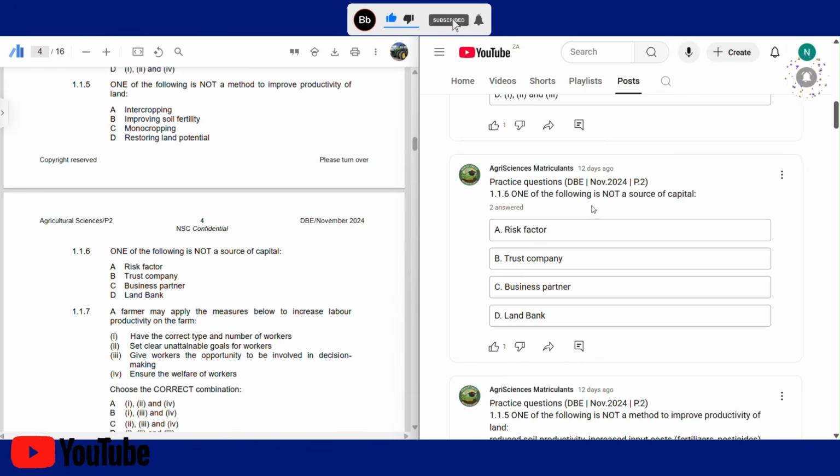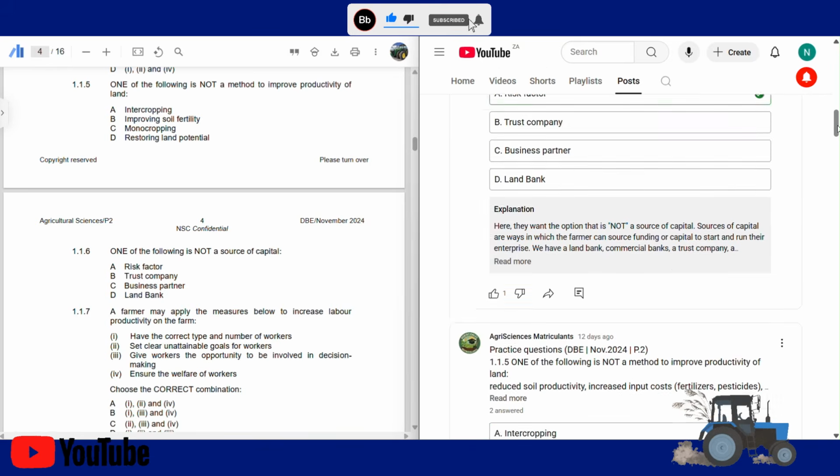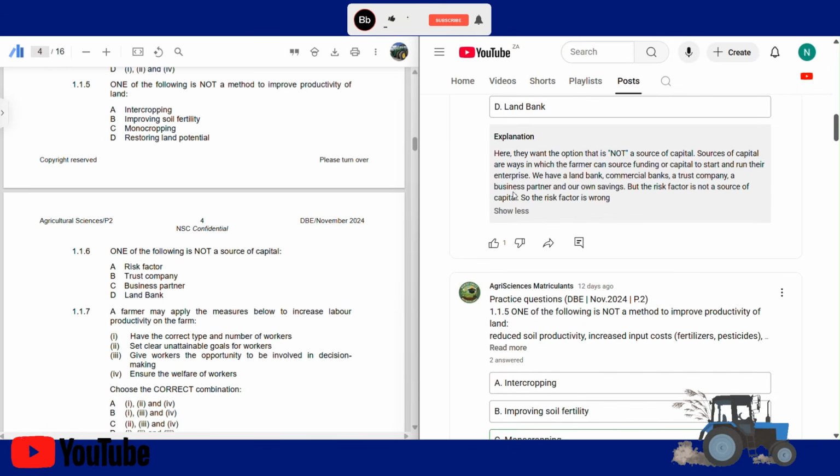So here they want the option that is not a source of capital. So we say the risk factor, which is A. And yeah, they give us the explanation. Let's look at the explanation. Here they want the option that is not a source of capital. Sources of capital are ways in which the farmer can source funding or capital to start and run their enterprise.